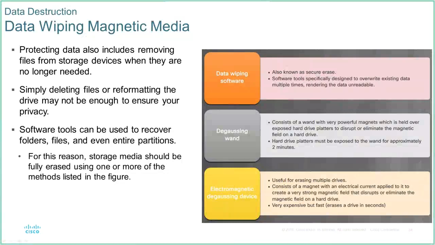Then the other way is a degaussing wand, which is basically a magnet held over the drive platters to jumble up the magnetic fields on the platters, basically making them unreadable. The next one is your electromagnetic degaussing device, which is a degaussing wand on steroids. Massive magnets that the hard drives are sent in, and they can erase basically all the data off a drive within seconds rather than minutes.